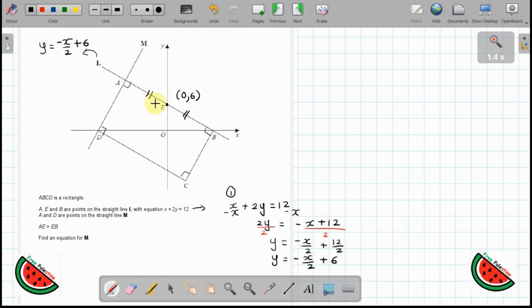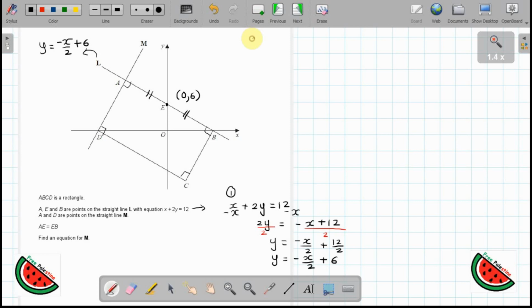Then I can work out this distance, and then this distance over here, giving me the coordinates of A. And then I can use the gradient, minus half's negative reciprocal, to find out the equation of this line. So that's the plan.